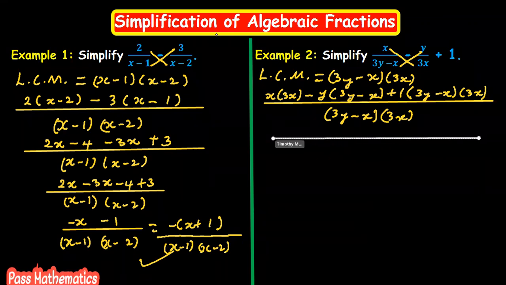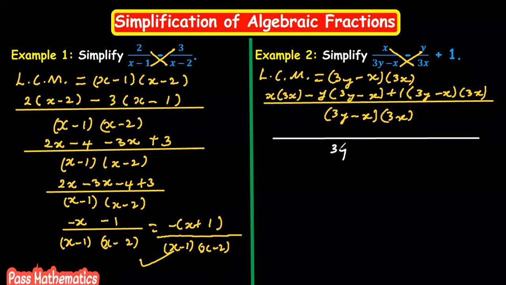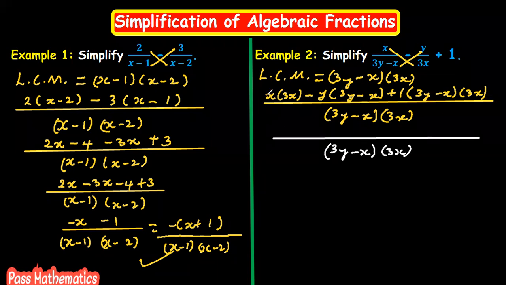Do not forget the LCM, we write it under. 3x, and then x times 3x, we should have 3x squared here, minus y times 3y, we should have minus 3y squared, and then here minus y times minus x, we should have plus xy, and here this is my plus 1 times everything, and we will have the same thing, but we need to open the bracket. 3x times 3y, we should have 9xy, and then 3x times minus x, we should have minus 3x here.